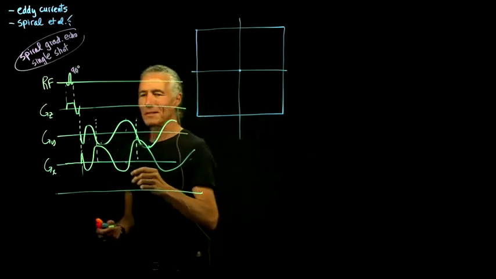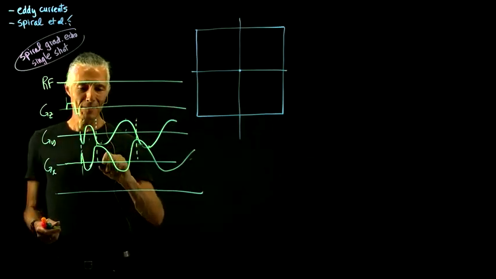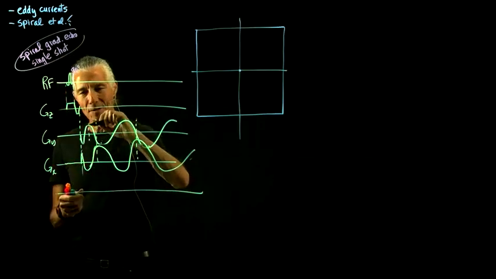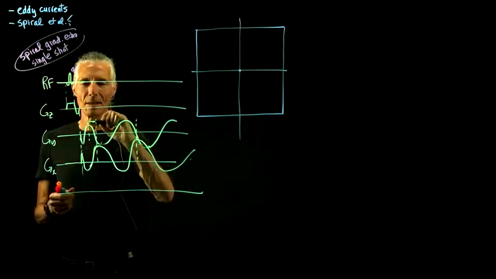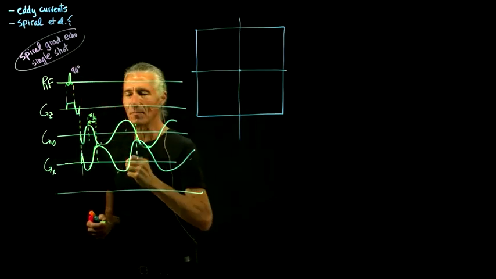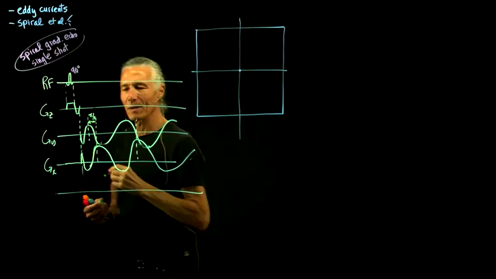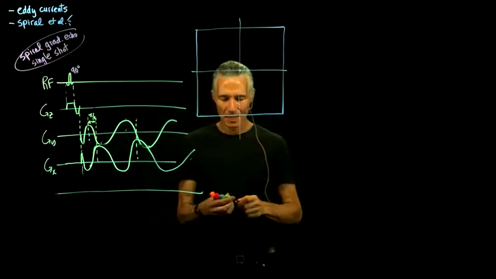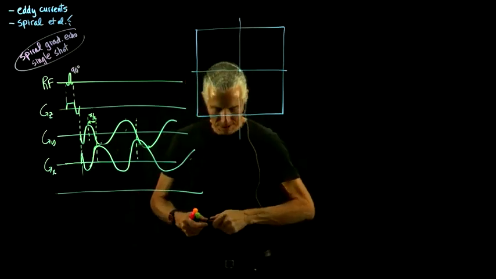Okay, so what's the plan here? The plan is that the distance between these two peaks should be pi over 2, 90 degrees. And so what does that do to our position in k-space?